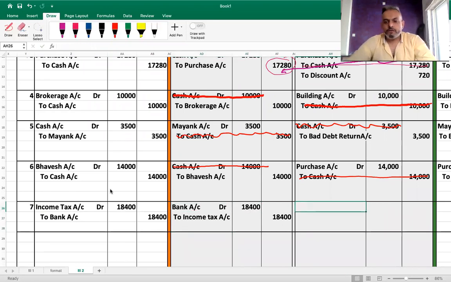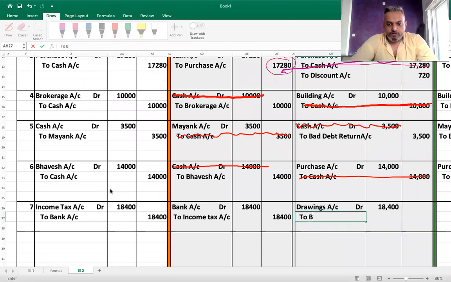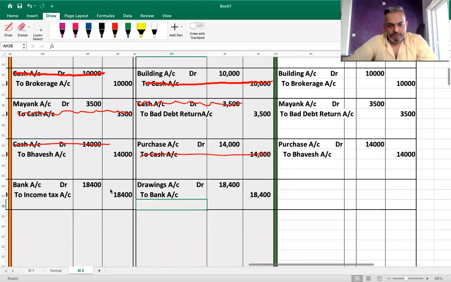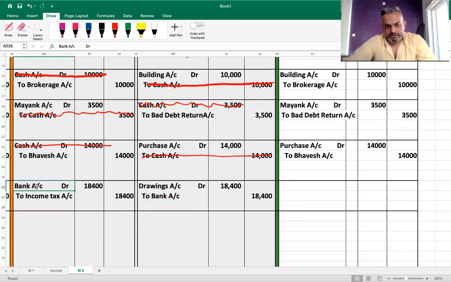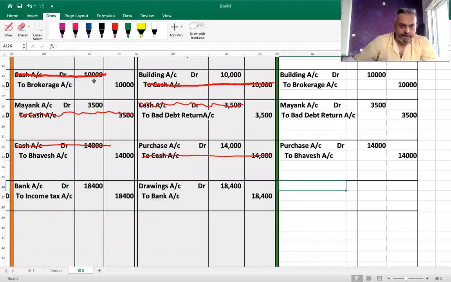Correct entry, because it's the personal liability of the owner. It is a personal expense of the owner paid from the business. So it is drawings. So drawings account debit 18,400 to bank account 18,400. Now we have the reversal entry, we have the correct entry.